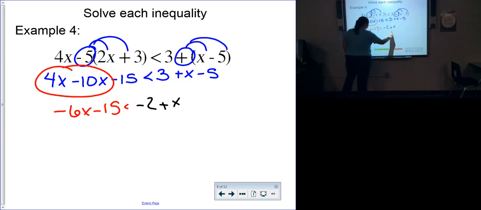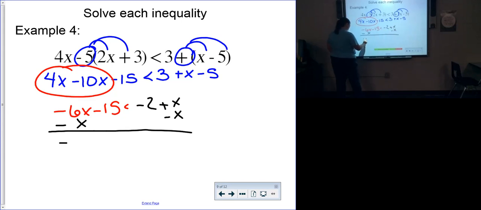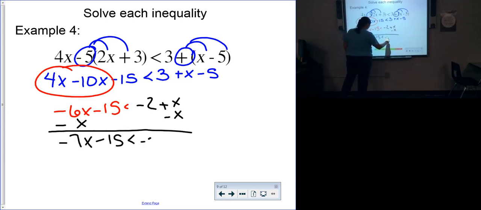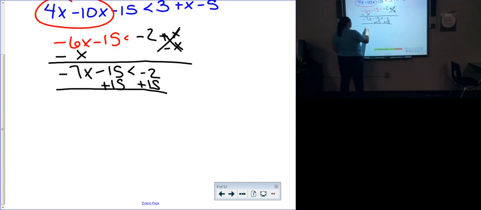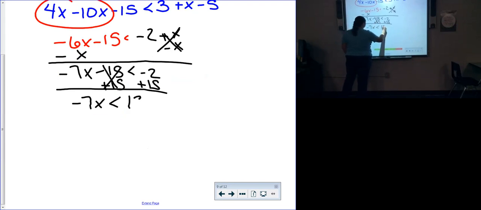All right, let's subtract x. Minus 7x minus 15 is less than negative 2. My x's cancel. Let's add 15 to both sides. Negative 7x, my 15's cancel, is less than 13.